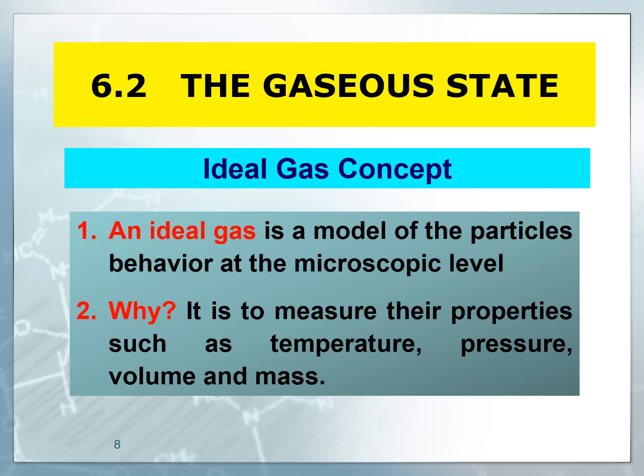We also can systematically change one of these properties and determine the effect on each of the others. For example, by blowing up a balloon, you are putting more molecules inside the balloon. It causes the volume to increase. This is in agreement with a theory, proposed by Avogadro 200 years ago, that the number of molecules is proportional to the volume.